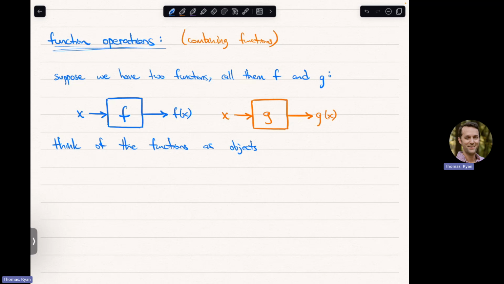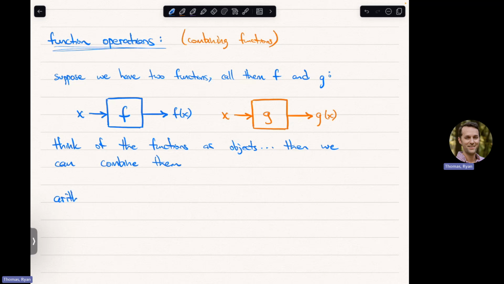So each function is its own thing. If we think of them as objects, then we can combine them. So I can make sense of what it means to take these two functions at the same time and put them together in different ways.